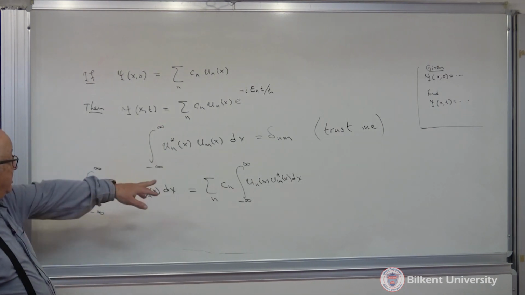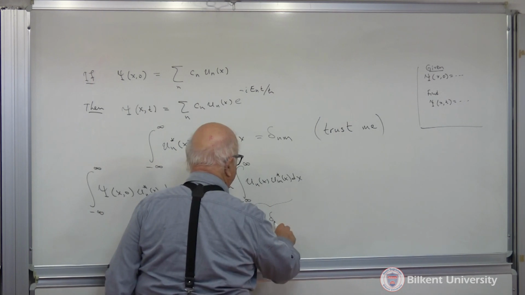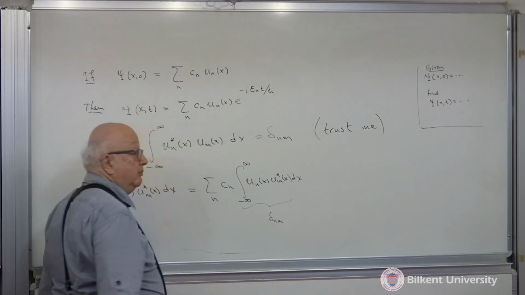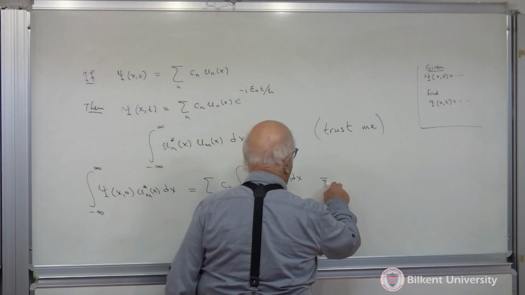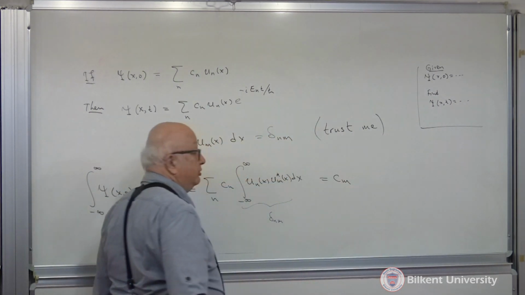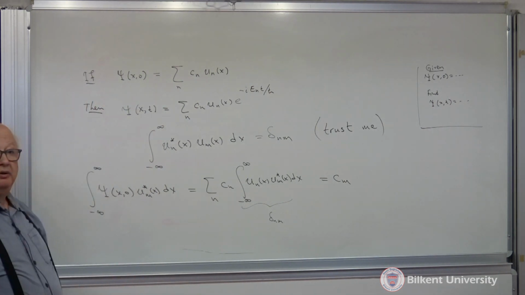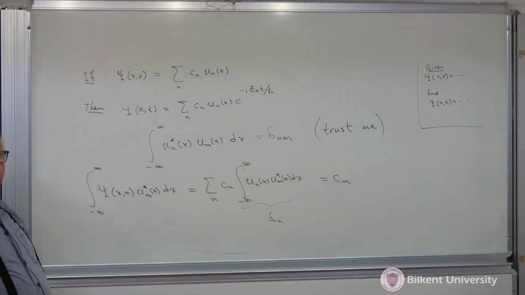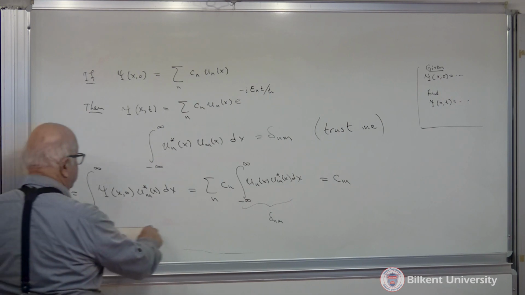Now I know that this is 0 unless n is equal to m. So I end up with Cm equal to that. So for any given initial condition, I can determine those Cm's. Let me put this Cm also on the left-hand side and put this thing in a box.